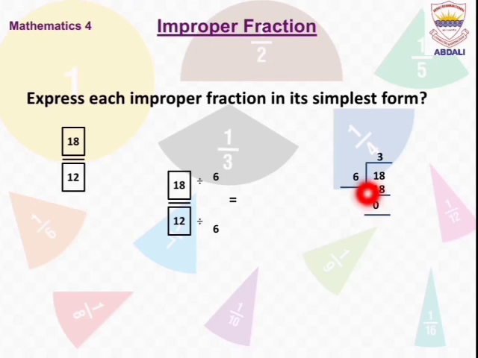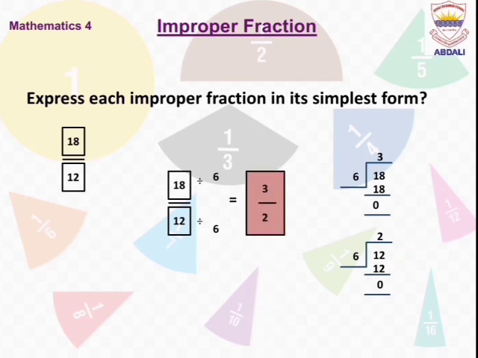We subtract 18 from 18, we get 0 remainder, and 3 is the quotient. Now students, divide 12 by 6. 6 2s are 12. When we subtract 12 from 12, we get 0 remainder, and 2 is the quotient.